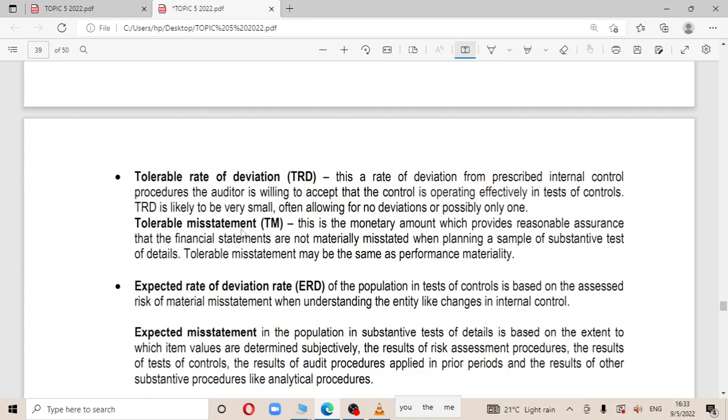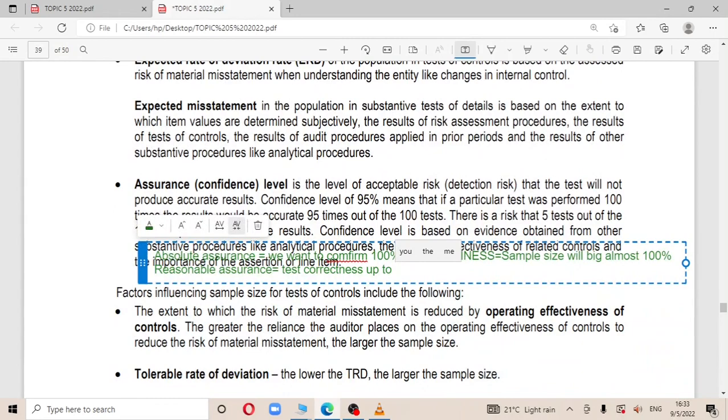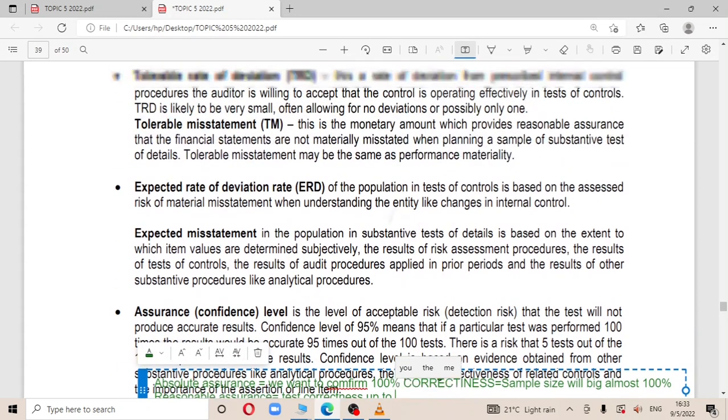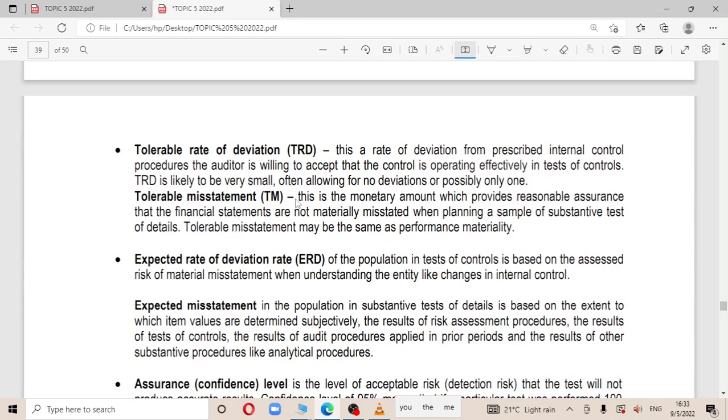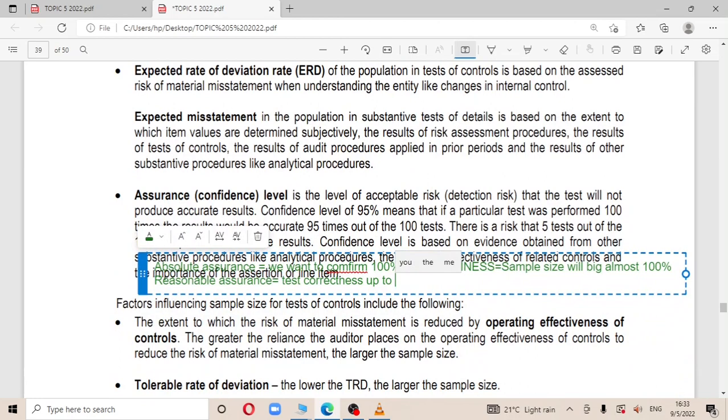We are talking about the expected rate of deviation. If you expect a high rate of deviation, your samples will be high. But if you expect a small rate of deviation, then the samples may be low. And then assurance level, which assurance do you want, absolute or reasonable? If you want absolute, you audit more. If you want reasonable, you audit less than absolute.